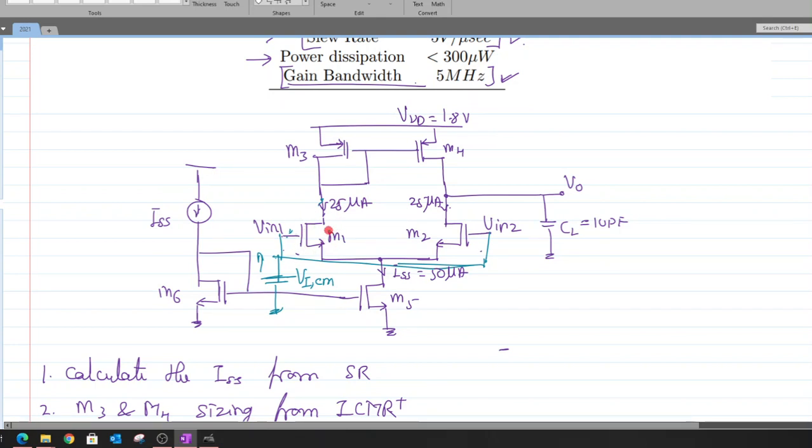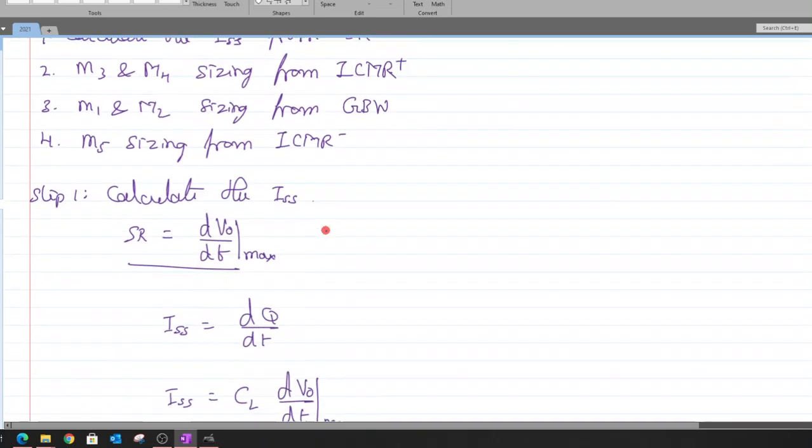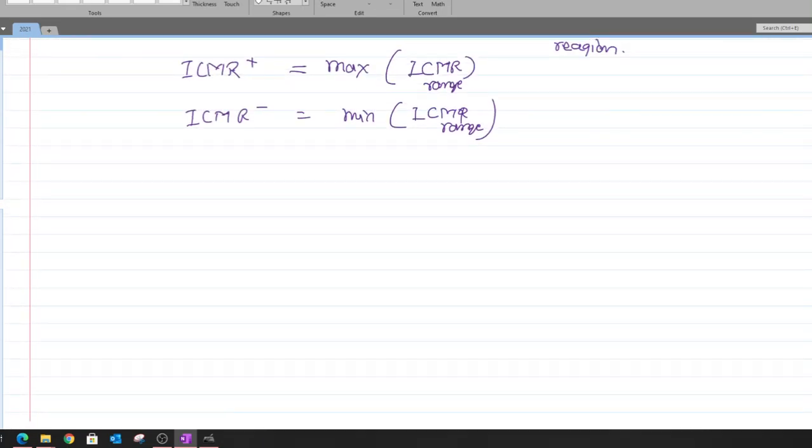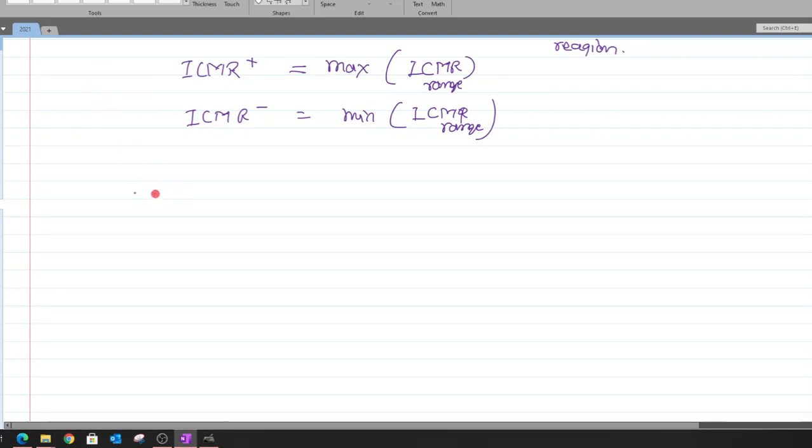Okay, so now we would use the edge of saturation condition to define the statement that I made. In order to make M1 as well as M2 stay in the saturation zone, we have to satisfy this condition that VGS minus VT is supposed to be at least equal to VDS.